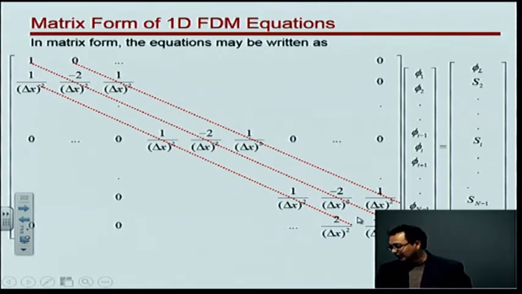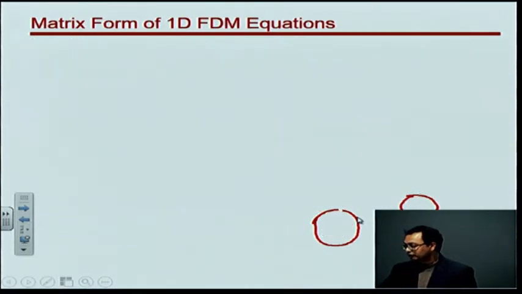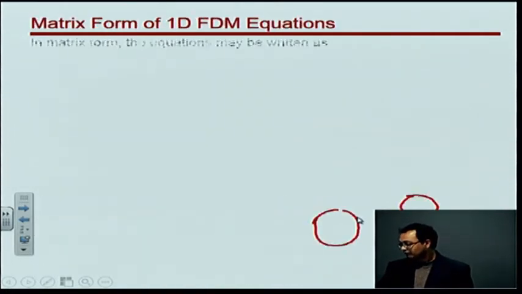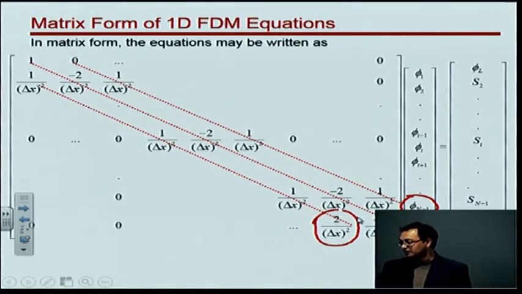Let's just look at the last one. Okay, so the last one has 2 over delta x squared times phi n minus 1. So if you go back here, that's what you have, 2 over delta x squared times phi n minus 1, and then negative 2 over delta x squared times phi n, which is what you have here, negative 2 over delta x squared times phi n.